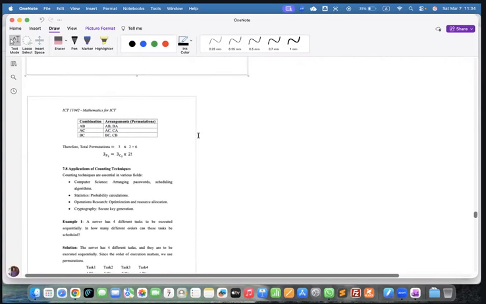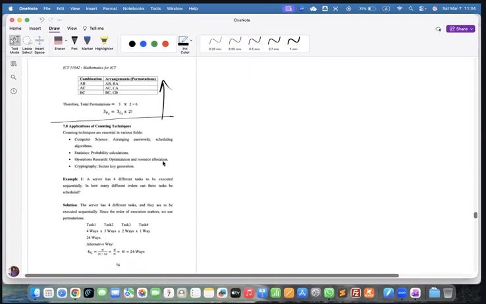Just try to understand these, okay? So it means there is a relationship. The order of the elements impacts permutation and combination, right?